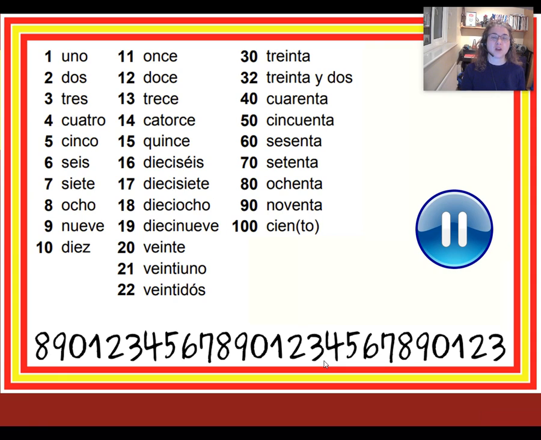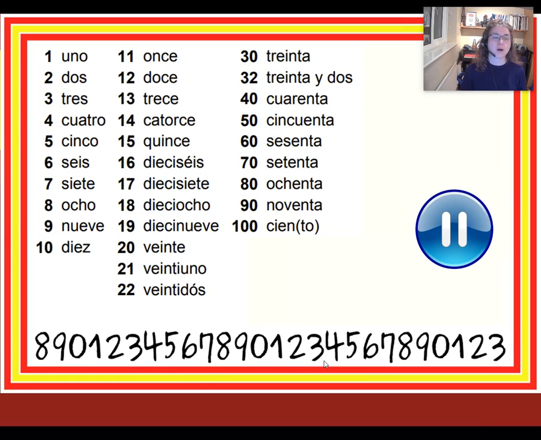Then the last column on the right there, you have all the new tens. You have 30 for 30, and then 32 for 32. That's the only one you need because you know that all the others follow the same pattern. If you want to say 38, for example, take out the dos and put ocho in, 38.